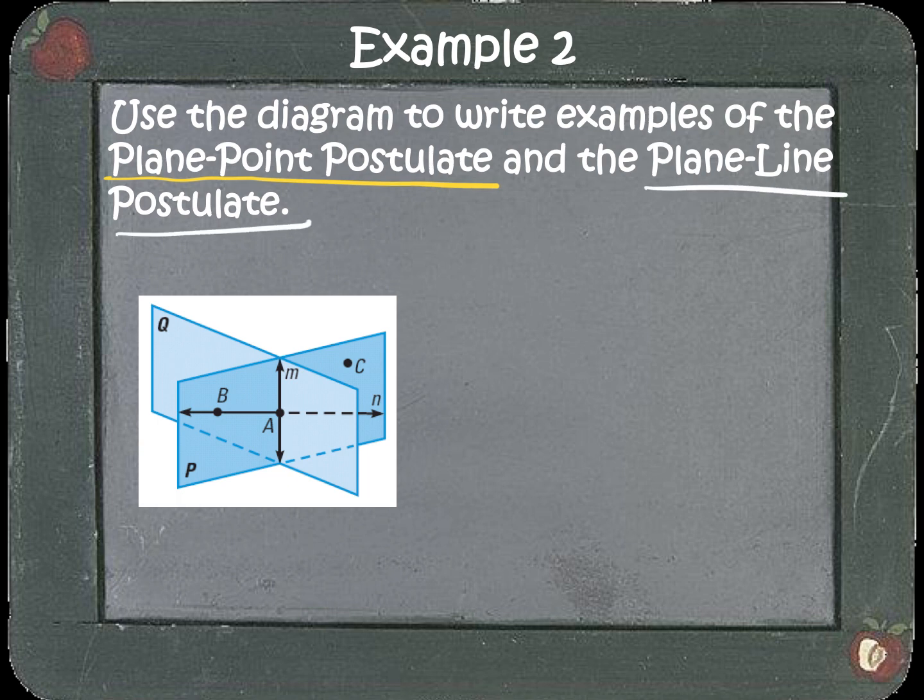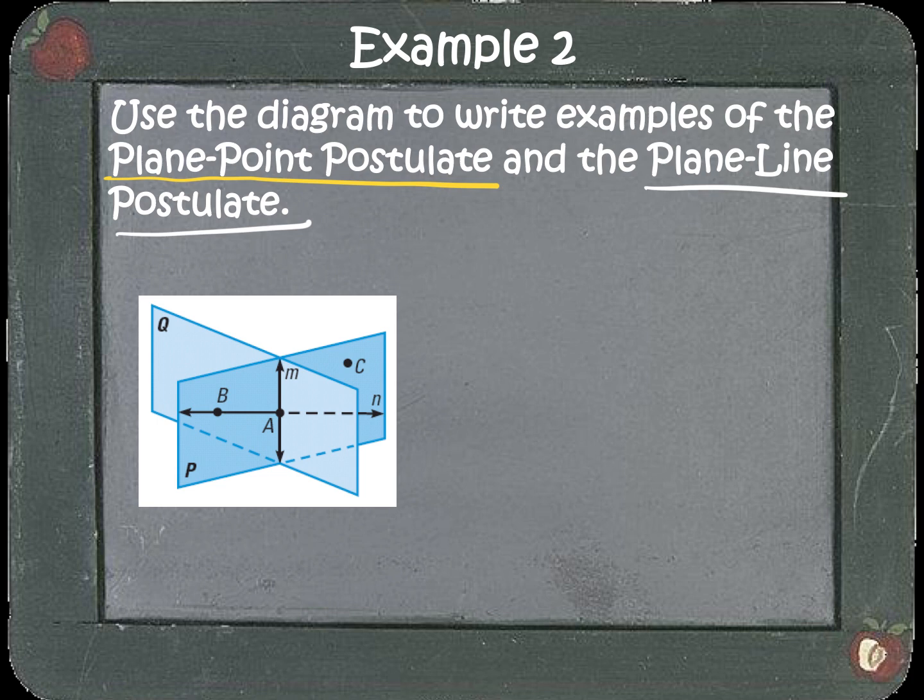Now, I don't want you to restate the postulate. I want you to tell me specific information about the picture. So here, if I'm going to do the plane point postulate first, remember, the plane point postulate states that a plane contains at least 3 non-collinear points.